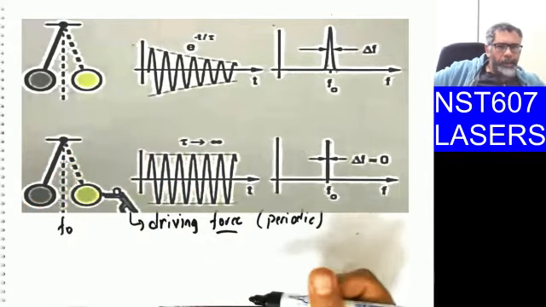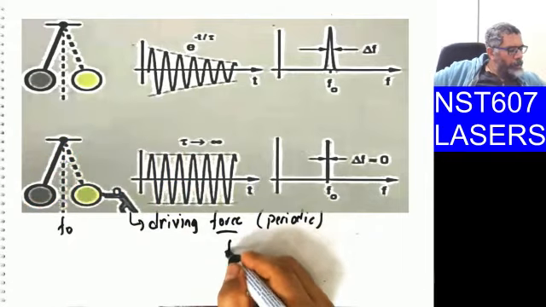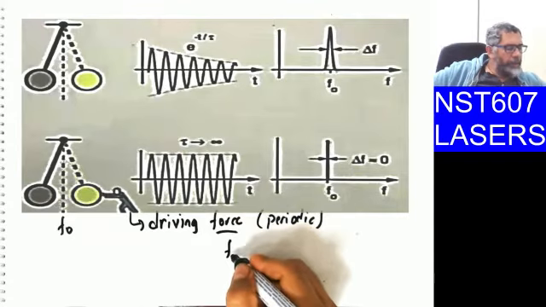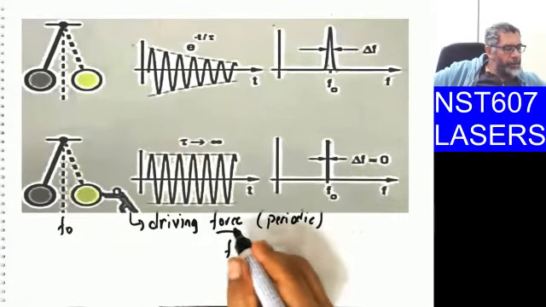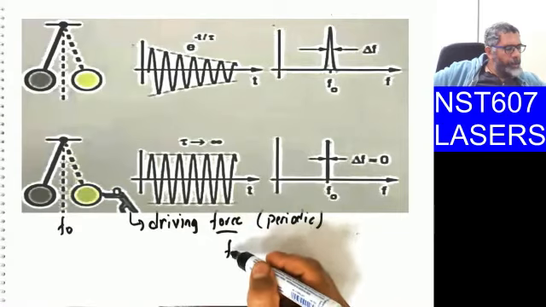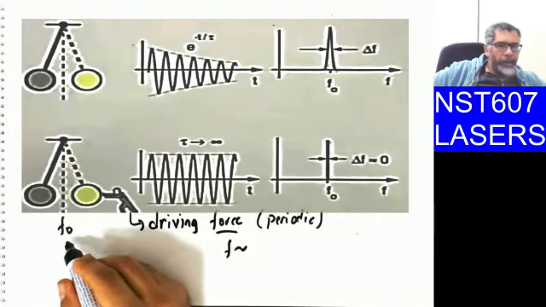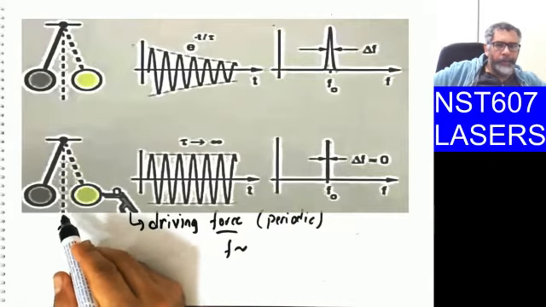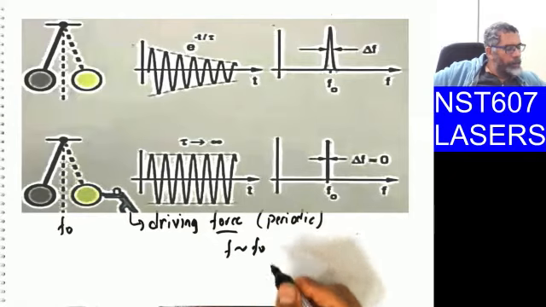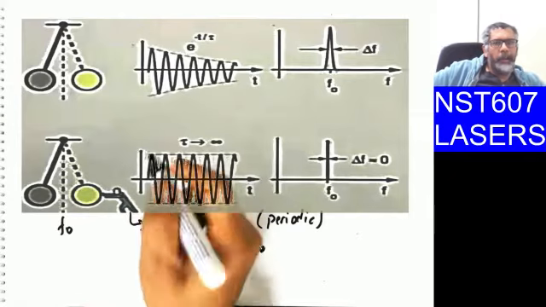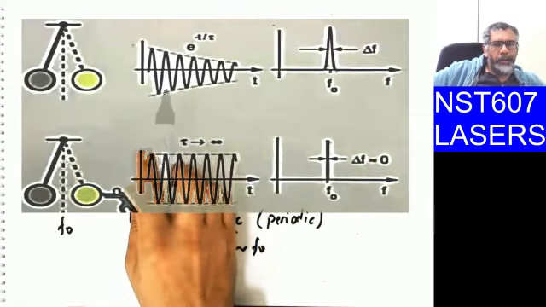If you call this force frequency F, it appears that an external or driving force with a frequency closer to the frequency of the oscillator gives you a chance to get rid of this damping.